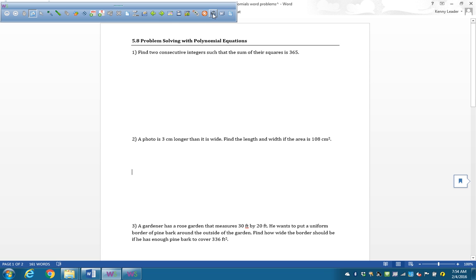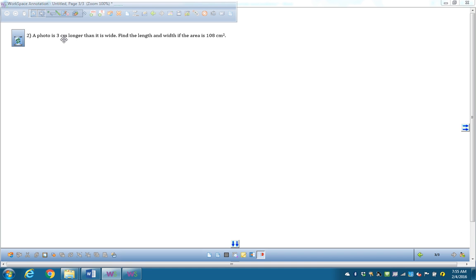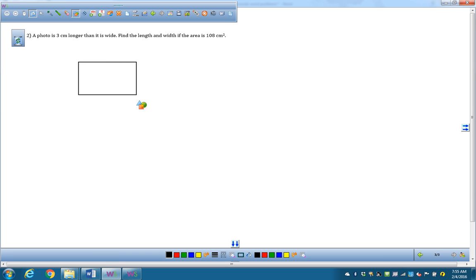Okay, so, a photo is 3 centimeters longer than it is wide. Find the length and width if its area is 108. What I would do is draw a picture.